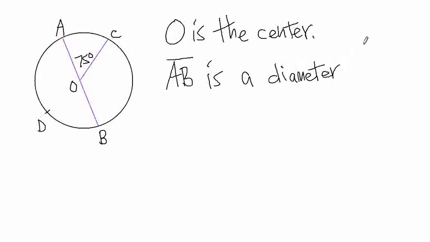I've also drawn a central angle AOC, and I've specified the measure of that central angle to be 75 degrees. With that, can we determine the measure of the central angle COB?